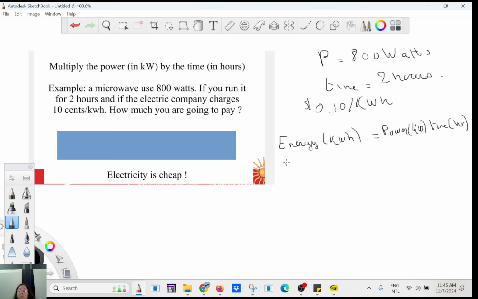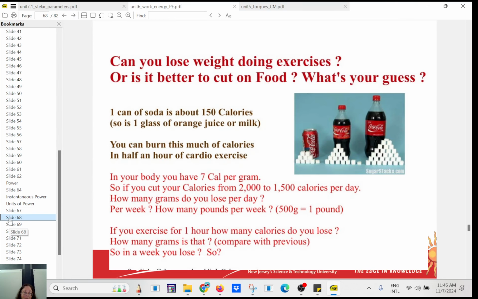So the energy will be, you have to convert to kilowatts, agree? So it's going to be 0.8 times 2 hours. So 1.6 kilowatt hour, right? And then it's 10 cents per kilowatt hour, so you're going to spend 16 cents, right? Okay, so that's easy. So now you know how to compute your electric bill.